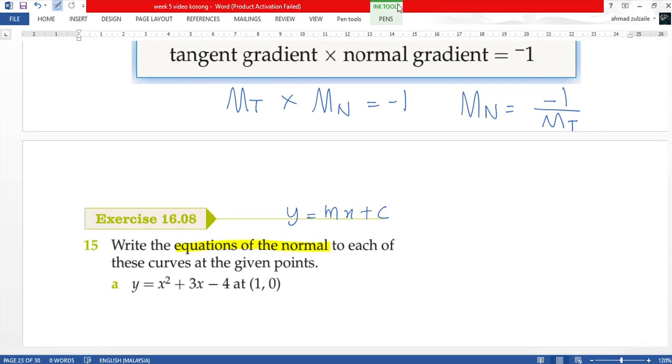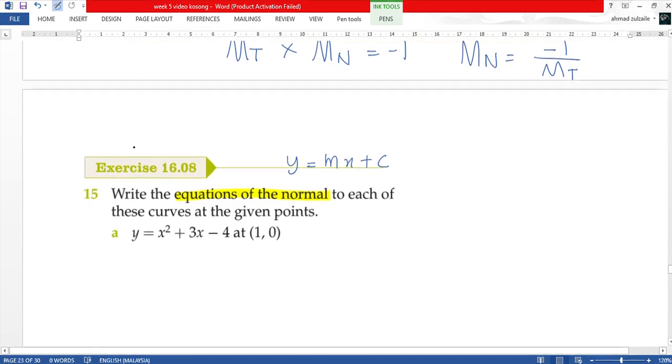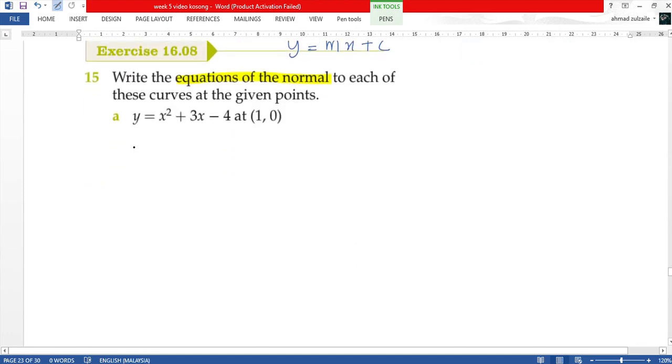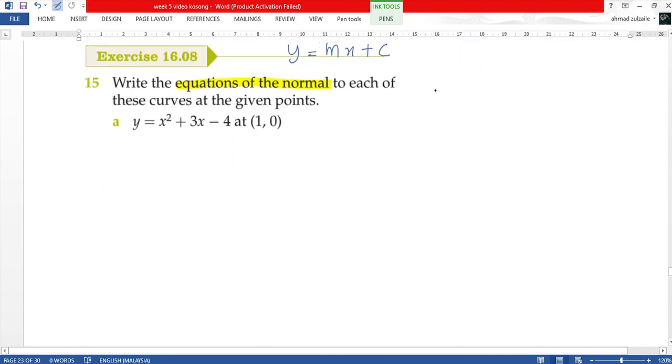Okay, alright. So I'm using this example from exercise 16.08. So the question, write the equation of normal of each of these curves at given point. Tapi I would like to solve for A, so that you can try for the rest of the questions.